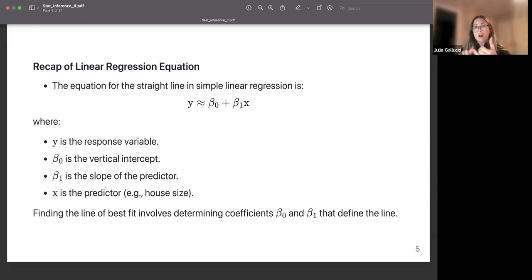Together, beta naught and beta 1 define the line of best fit that we talked about a couple sessions back. This straight line minimizes, once again, the error between our predicted values of our response variable and the actual values. So this slide should be review.